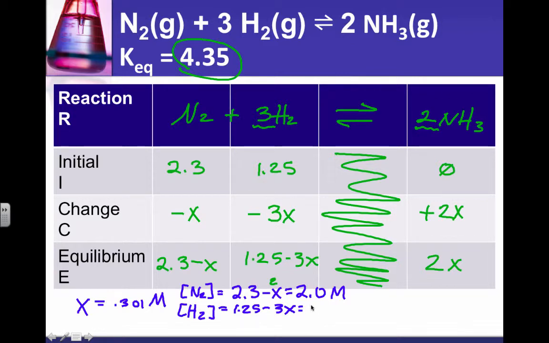So let's call that 0.35 molar for my hydrogen concentration. And now my ammonia, NH3, is going to be 2 times x. It's 0.30, right? So 0.3 times 2 is 0.6. There's all of my equilibrium concentrations.